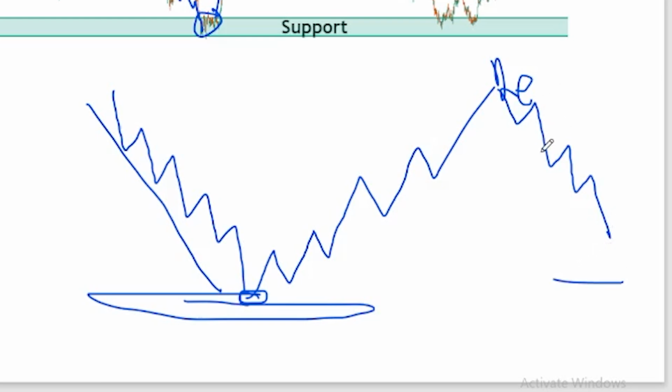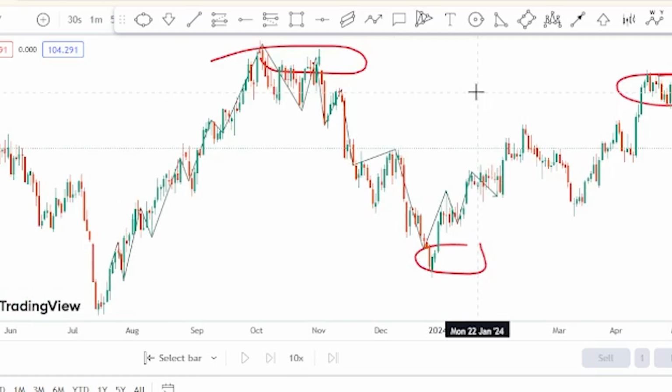Okay, this is a bearish reversal, and this one is a bullish reversal because you are moving to the bullish direction. And when you are coming from resistance, we are moving from the resistance to the downside. When you are changing the direction from the upside, that's a bearish reversal, and when we are changing the direction from the downside, that's a bullish reversal.